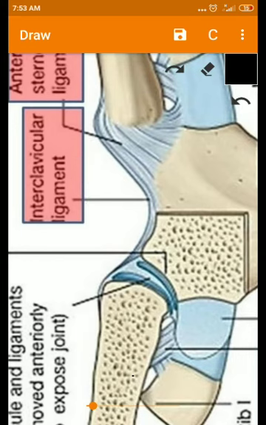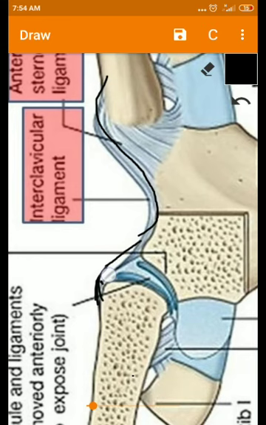Now see how this ligament is getting attached. You can consider it from the right side of the clavicle. At the sternal end of the clavicle, the ligament starts here, and it comes towards the suprasternal notch, and it moves up towards the superior part of the sternal end of the other clavicle.